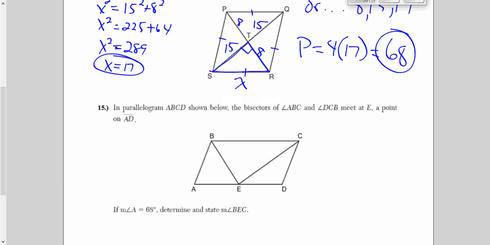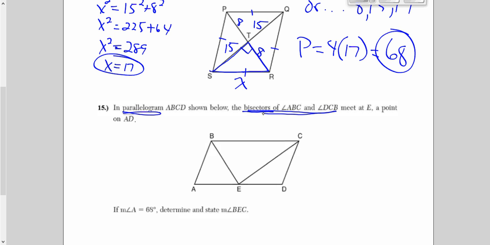Lots of important words in here. First of all, it's a parallelogram, right? What does this say? What is it? So bisectors of an angle means we have what in there? What do bisectors do to an angle? Splits it into, so what do we have in there? Congruent angles to work with, right?